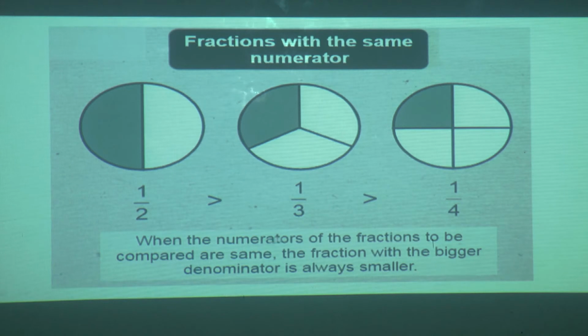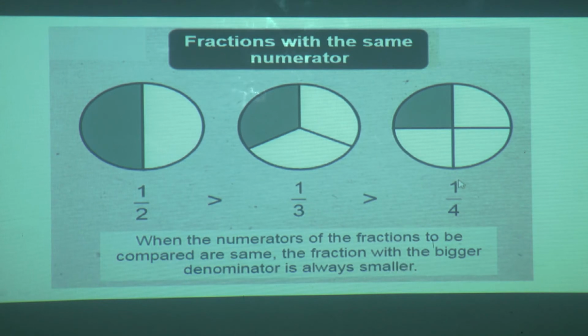When the numerators of the fractions to be compared are the same, the fraction with the bigger denominator is always the smaller.